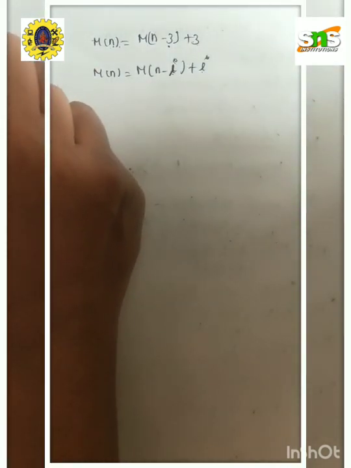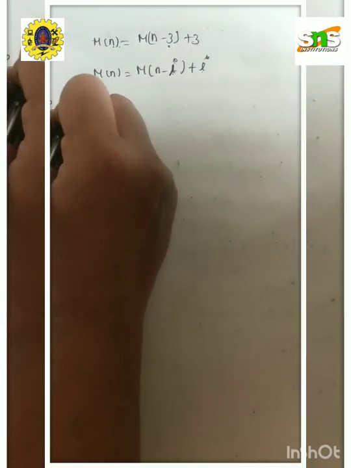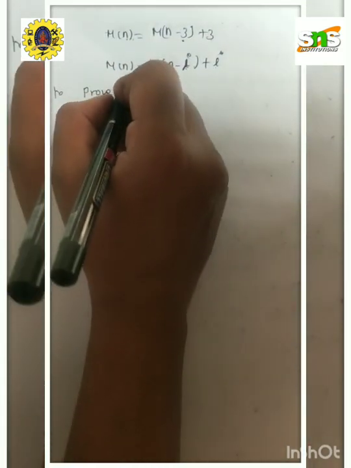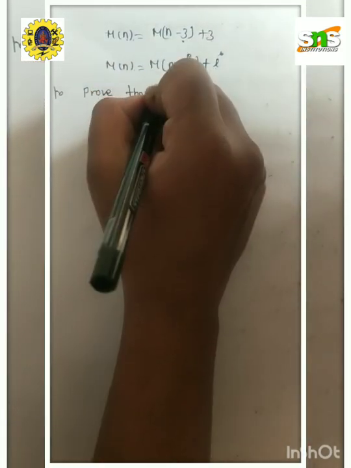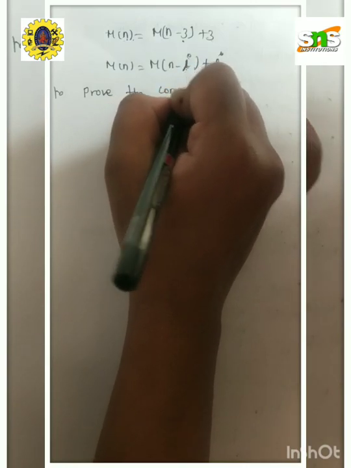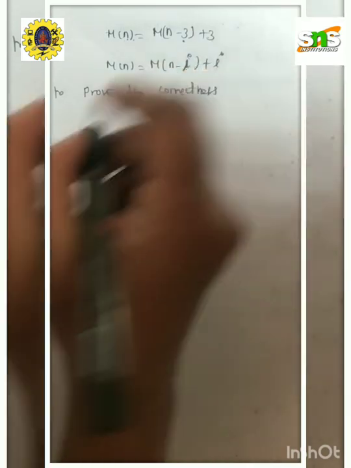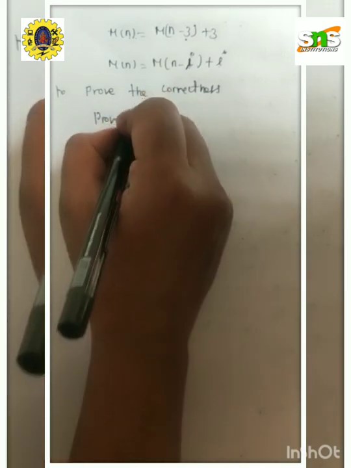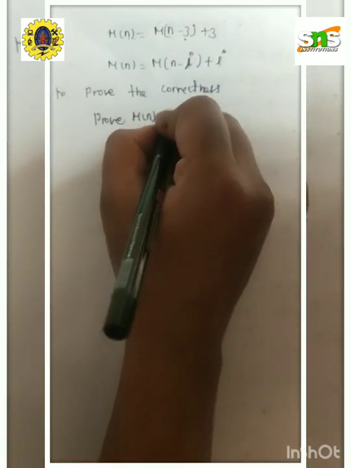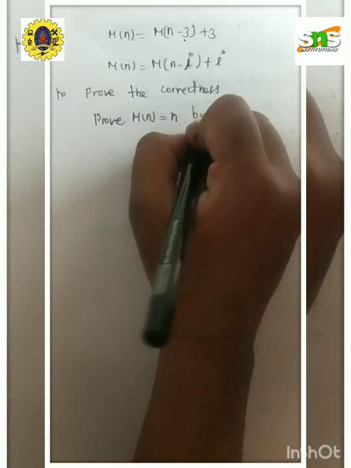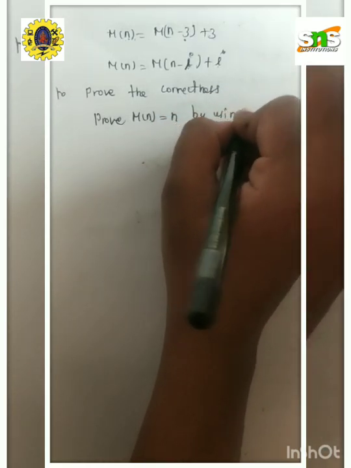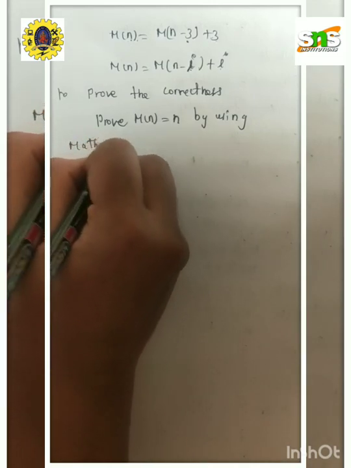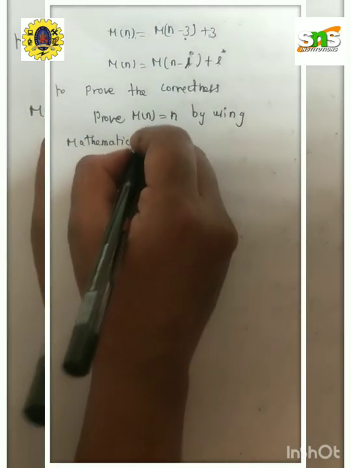So to prove correctness, prove m of n equal to n by using mathematical induction.